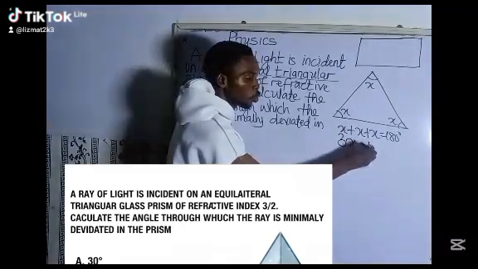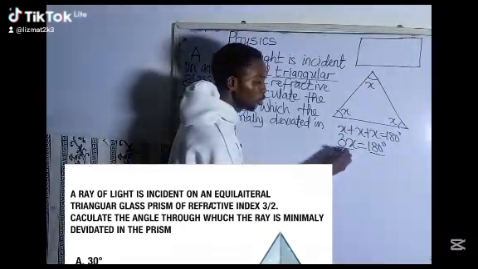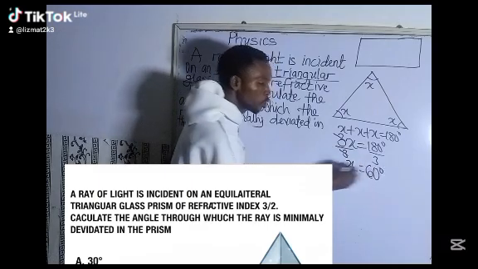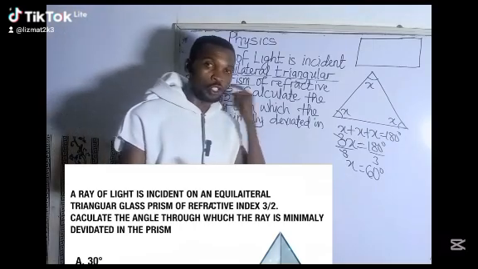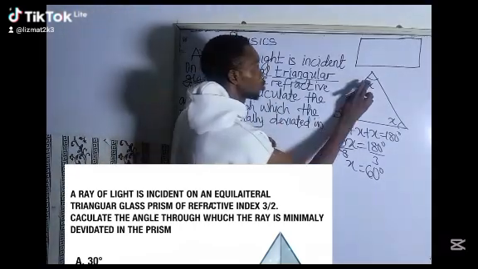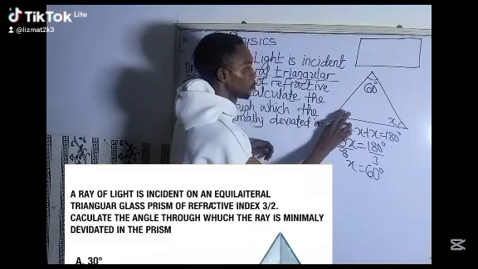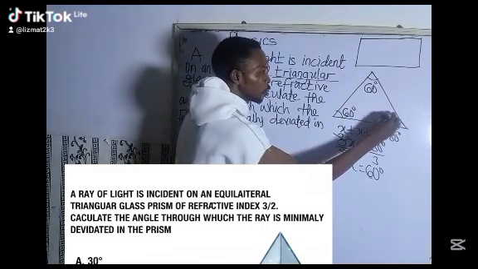So 3x is equal to 180. Now we'll divide both sides by 3. So x is equal to 60 degrees. Now it means that each angle of an equilateral triangle is 60 degrees. So I will replace x with 60 degrees, 60 degrees, and 60 degrees.